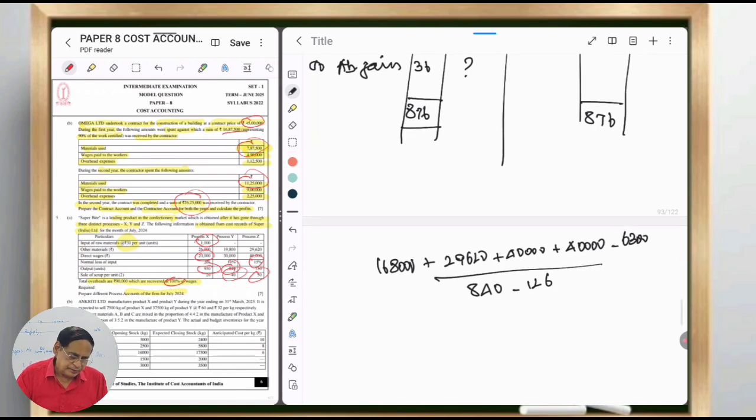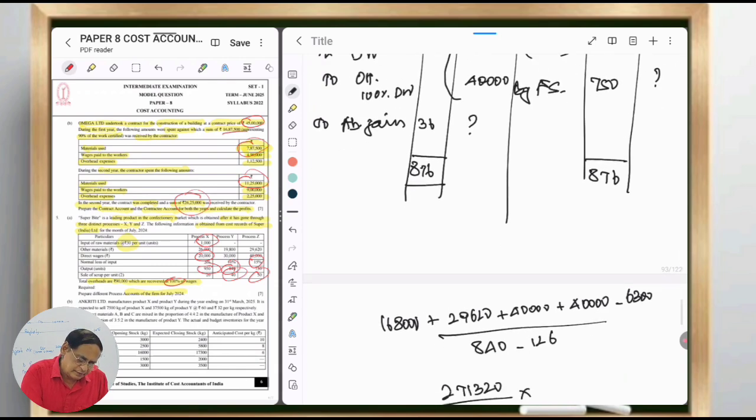So the total is 2,71,320 divided by 840 minus 126, that is 714, into the finished product, that is 750.